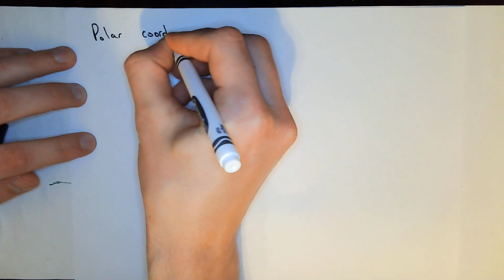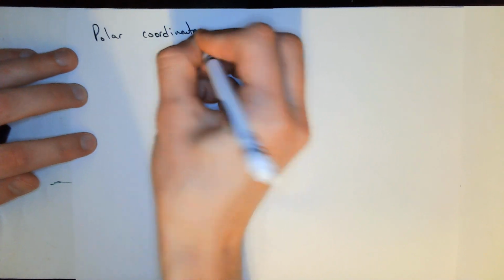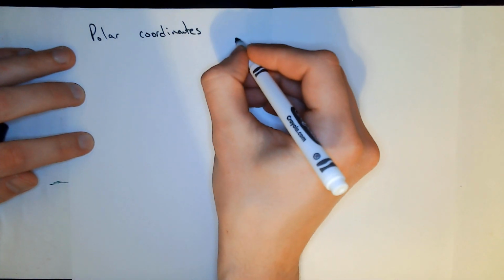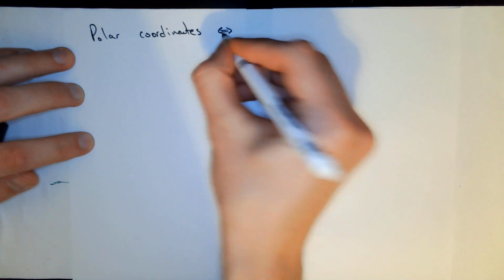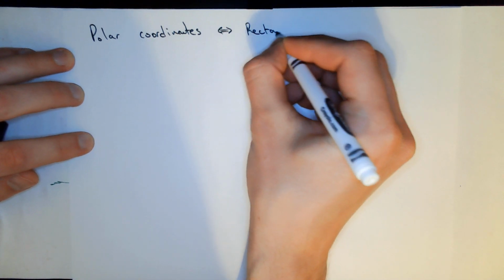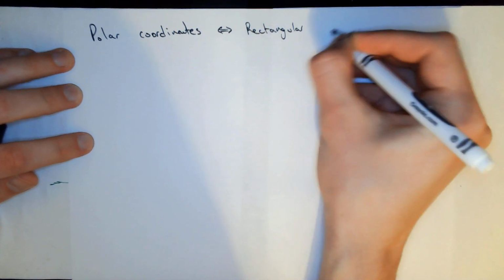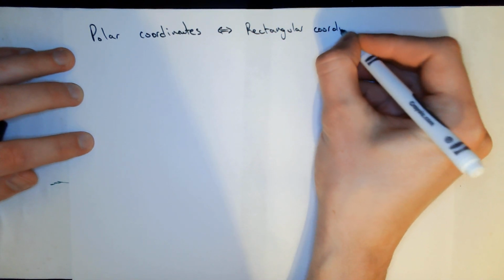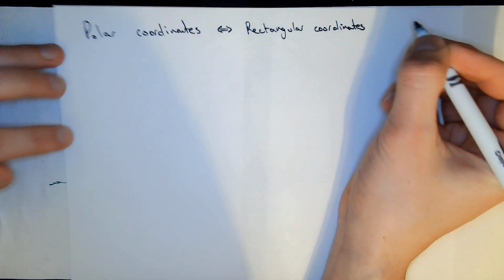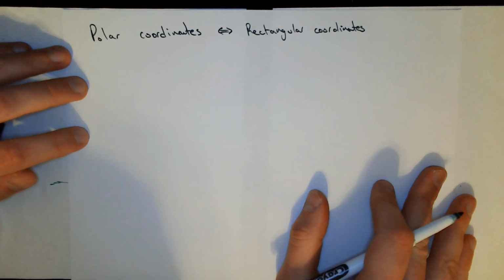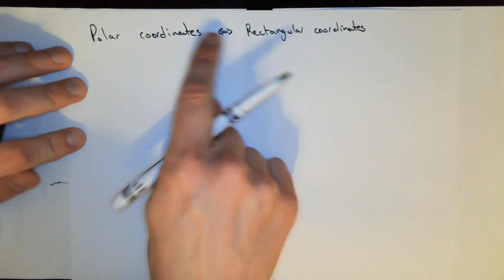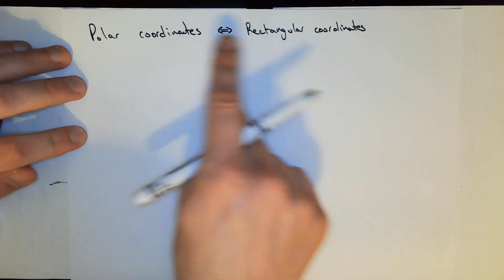Okay, so now I want to get into the relationship between polar coordinates and rectangular coordinates, and this issue of non-uniqueness is going to come up. I'm just using this symbol to say going back and forth between polar and rectangular coordinates.